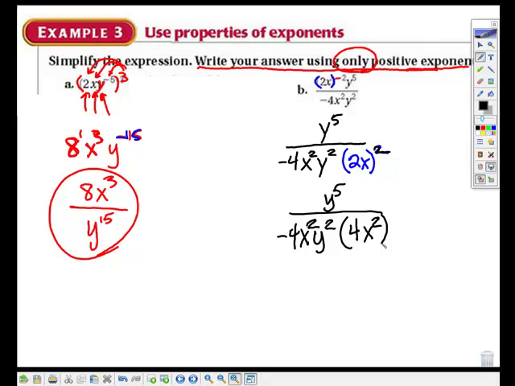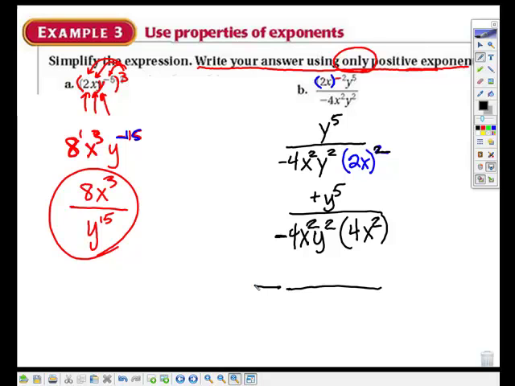Now if I start looking for what can I combine, one of the first decisions that I'm going to want to make is, will this answer be positive or negative? This negative sign means I have a negative times stuff on the bottom, and I'll have a negative number on the bottom. The top is going to be a positive number, so a positive divided by a negative, the whole answer is going to be negative.